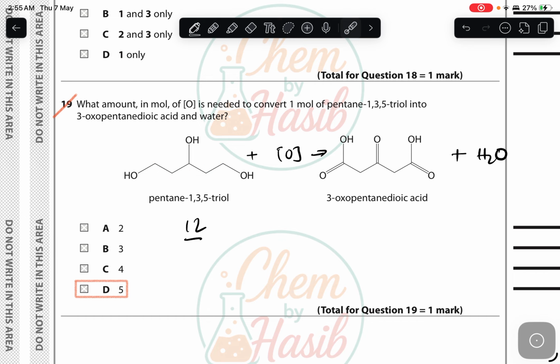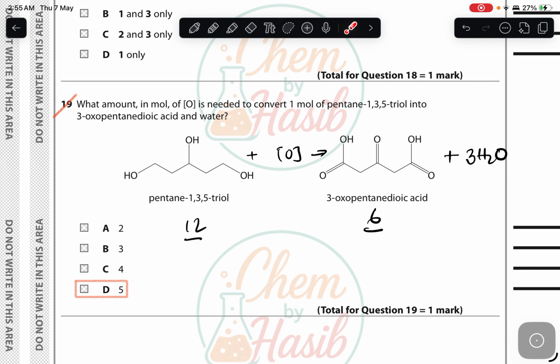So we have 1, 2, 3, 4, 5, 6 hydrogen only. So here we have 12 hydrogen, here we have 6 hydrogen. So we need another 3 water here. So that makes 12, right? 6 and 6 is 12 hydrogen.